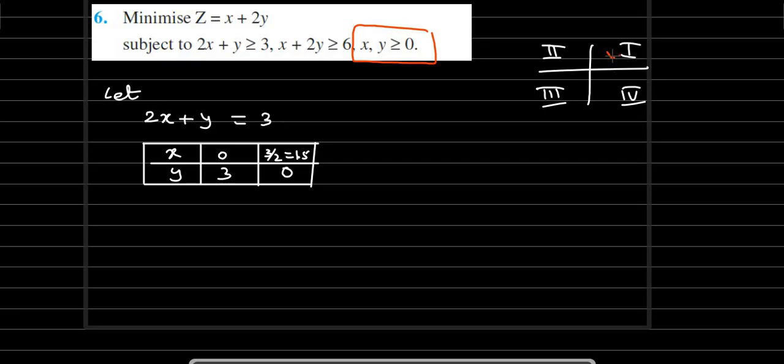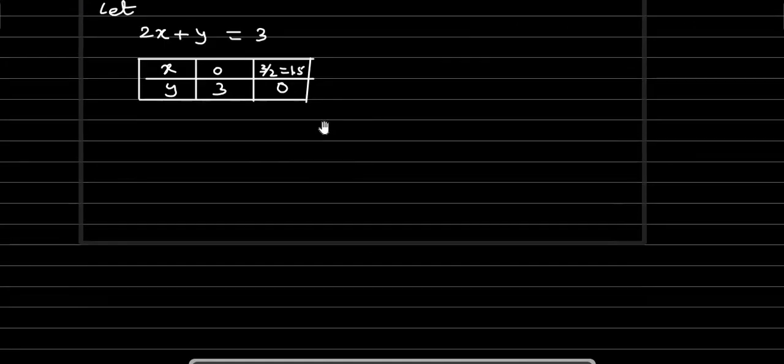Then for the other two inequalities also, we are only going to identify the common solution space in the first quadrant. So I'm going to give more space for the first quadrant, because all linear programming problems lie only in the first quadrant.